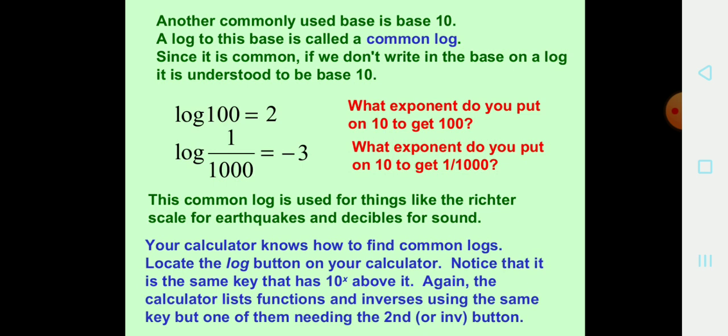So your calculator knows how to find common logs. Locate the log button on your calculator. Notice it is the same key as the 10 to the x above it. Again, the calculator lists functions and inverses using the same key, with the second or inverse button.